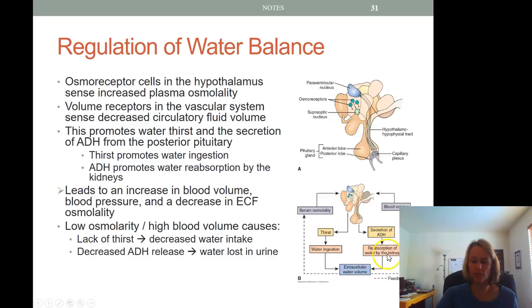ADH will cause reabsorption of water by the kidney, and that will increase extracellular fluid volume. A low osmolality and a high blood volume is going to do just the opposite. Wouldn't stimulate thirst, and we would have decreased antidiuretic hormone release.